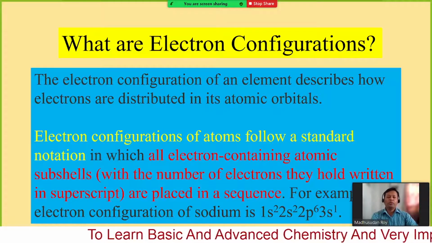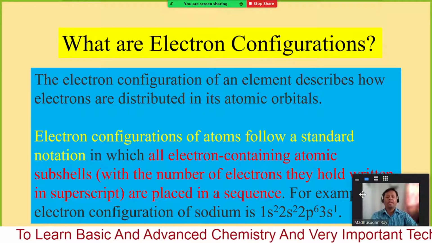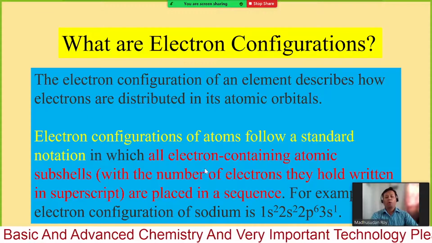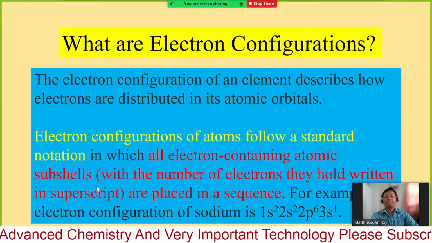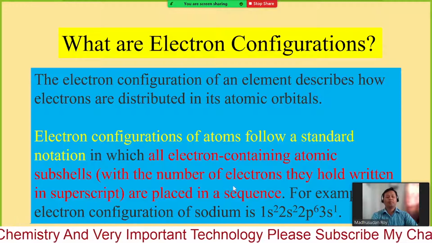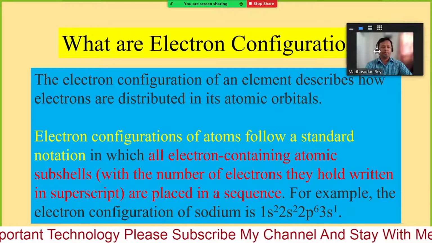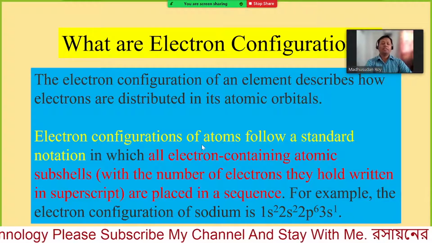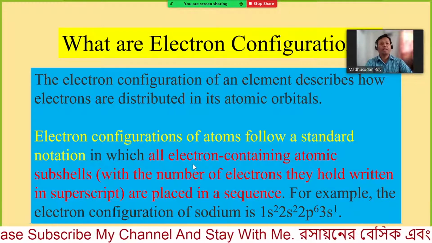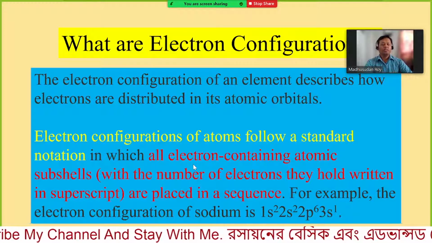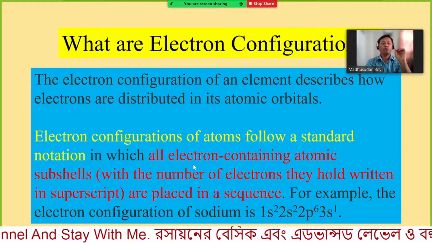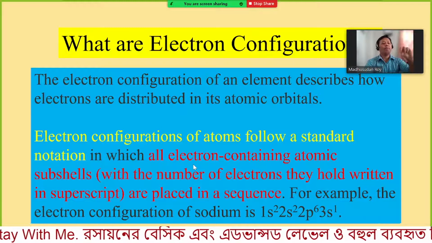So electron configurations of atoms follow a standard notation in which all electron-containing atomic subshells, with the number of electrons they hold, are written in superscript. That means how many electrons you have in one subshell, you need to write down as a superscript, as a power.